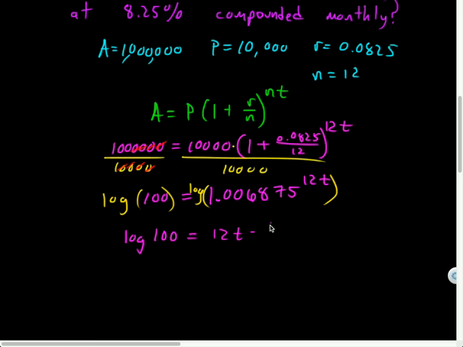So 12t times the log of 1.006875. And that's a multiplication sign, not a minus sign there. Right, because I can move that 12t out front using my property of logarithms. Yay, logs.